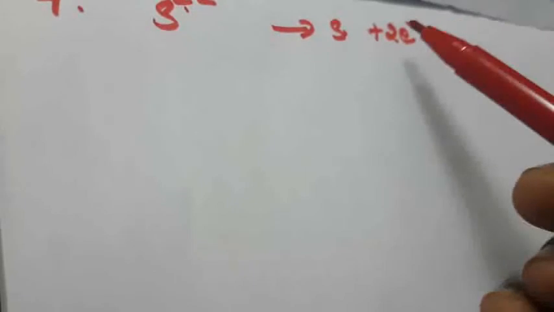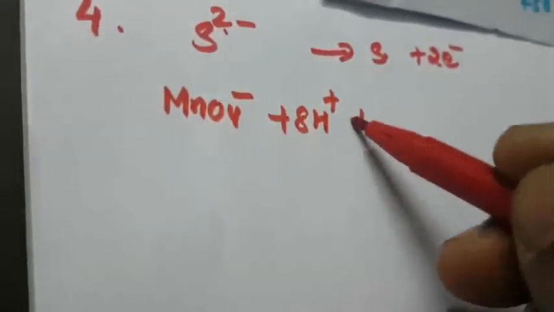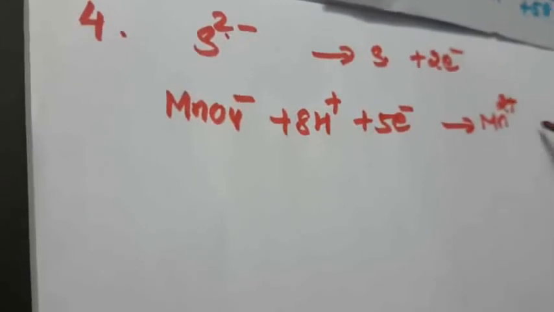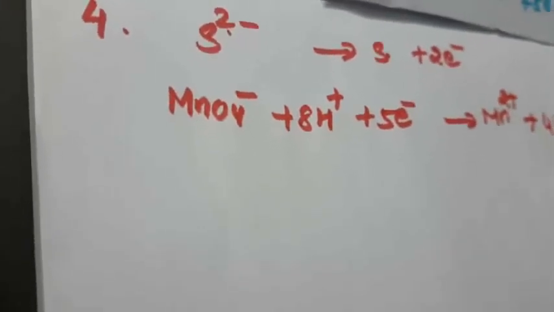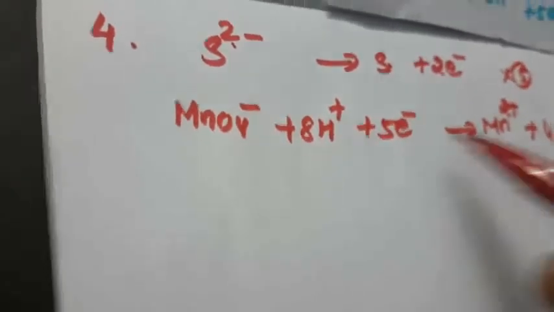Here 5 electrons again: MnO4- + 8H+ + 5 electrons gives Mn2+ + 4H2O. Balancing the electrons, this is multiplied by 5 and this by 2.